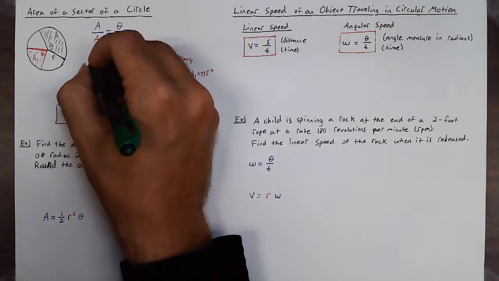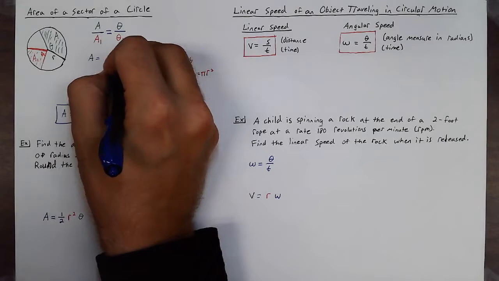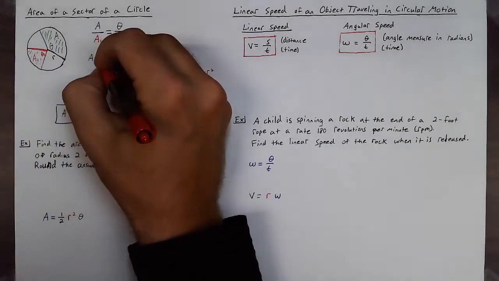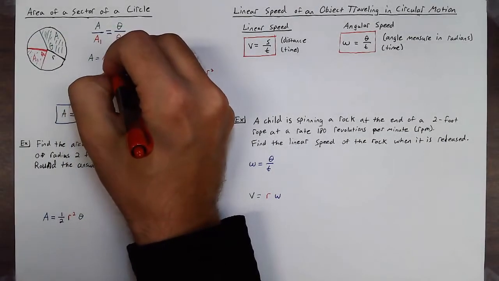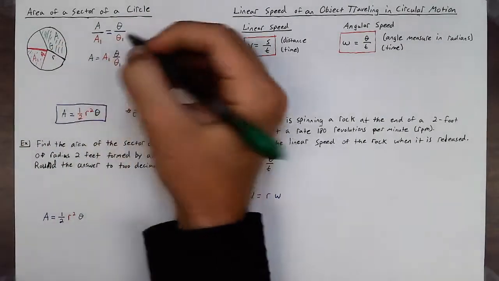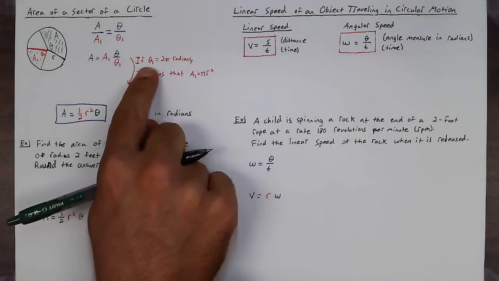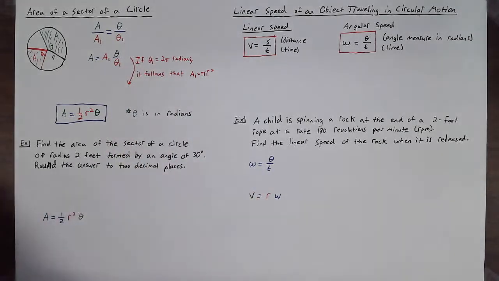So I'll have A is equal to A1 times theta over theta 1. Now I'll plug in what I know for theta 1 and A1.